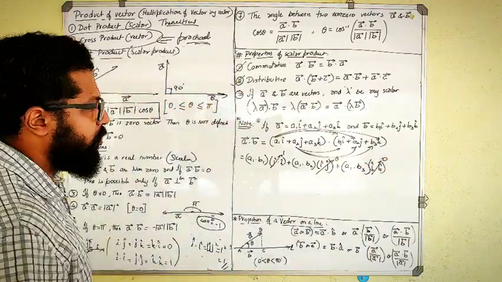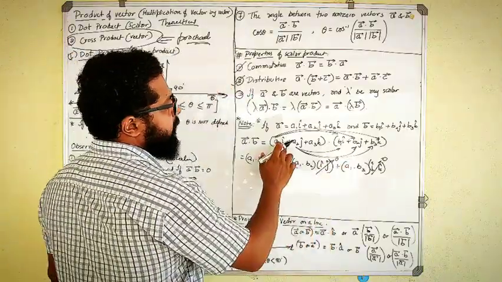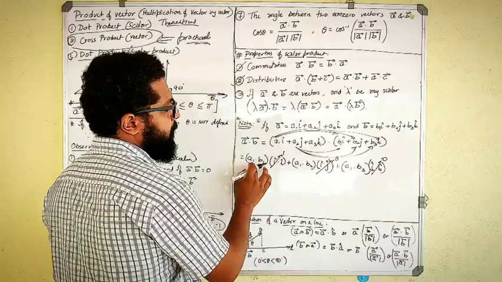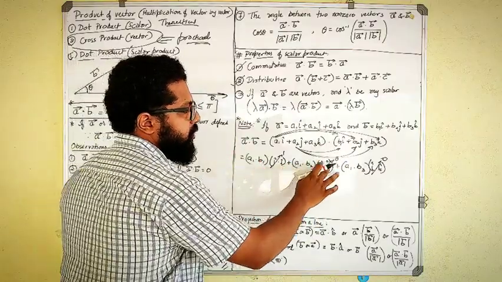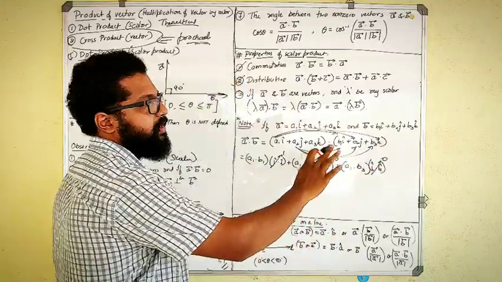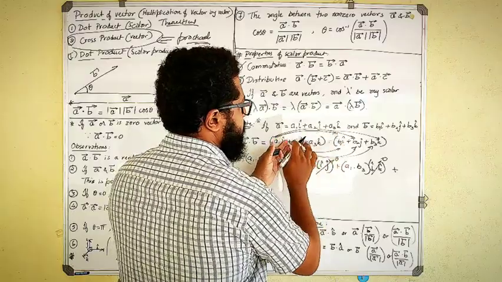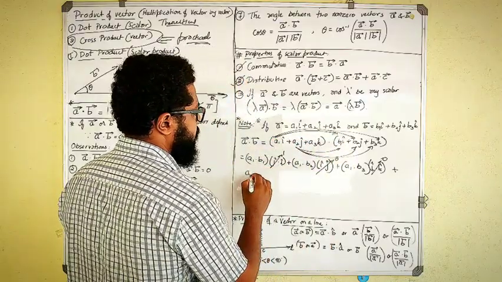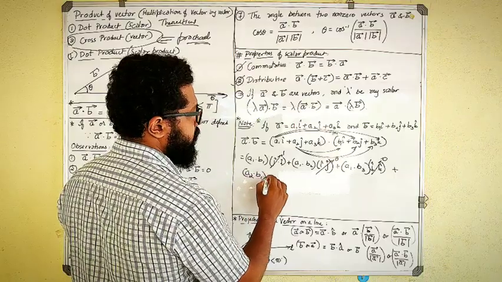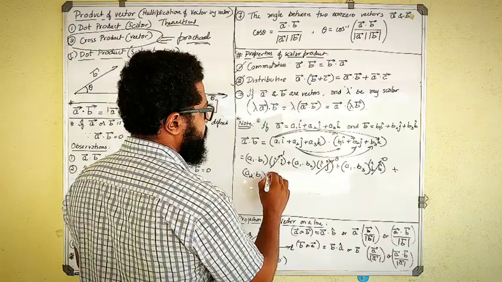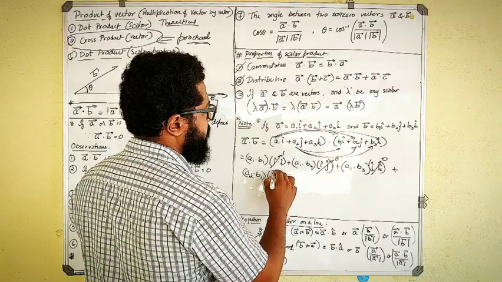What you see from this observation is that only when it is i dot i will that particular number remain, that is A1 B1 will remain. All the other terms will multiply with 0 and be cancelled out. Which means if I continue, the next one will be A2 B1 into j cap dot i cap, correct?